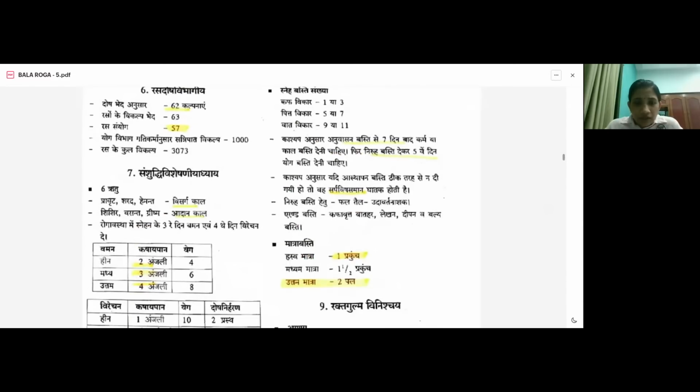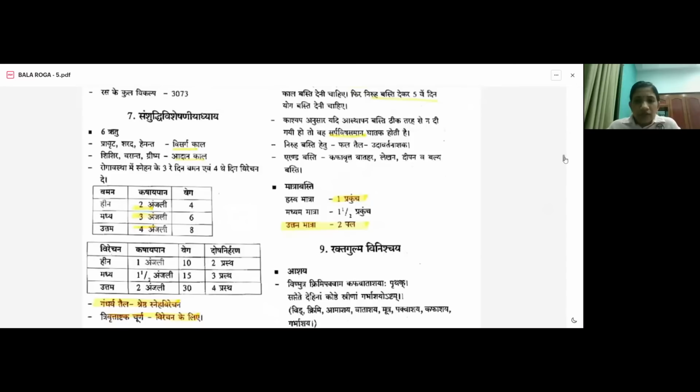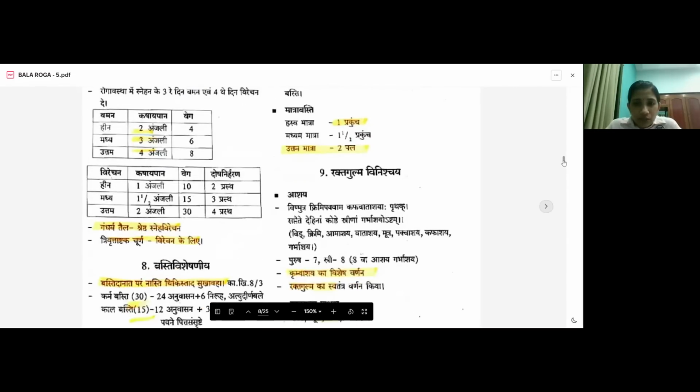And according to Kashyapacharya, for Matrabasti, the Hrasva Matra is 1 Pragunja and the Uttama Matra is 2 Pala. Matrabasti ke liye Uttama Matra 2 Pala. Okay. The next important point discussed is in Raktagulma Vinishchaya.